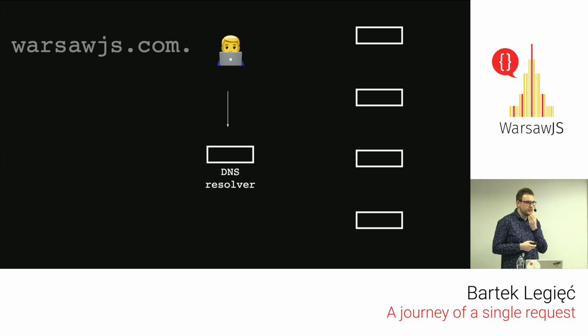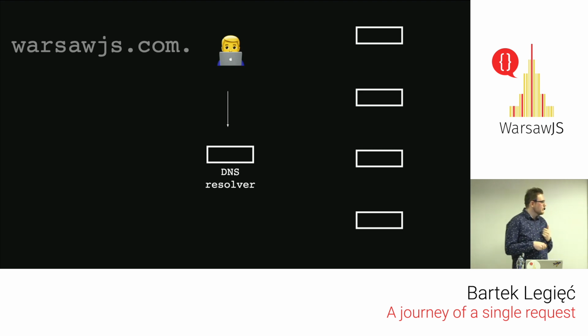And it is usually your ISP, so Internet Service Provider. So in Poland, it would be something like UPC, so the company that provides you internet. But you can change it in settings of your computer. And it says, okay, so where does WarsawJS.com point to? And it can have some cache of its own. And if it knows right away, it sends it back.